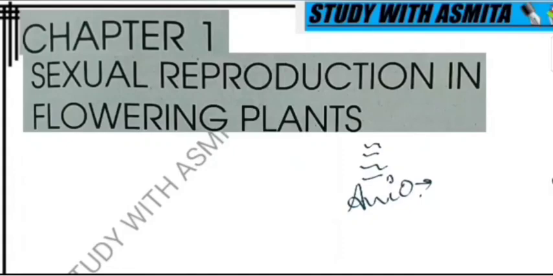Angiosperms are the most developed division of this kingdom as they bear flowers for sexual reproduction. So we are going to take a detailed look at its sexual reproduction in this chapter.